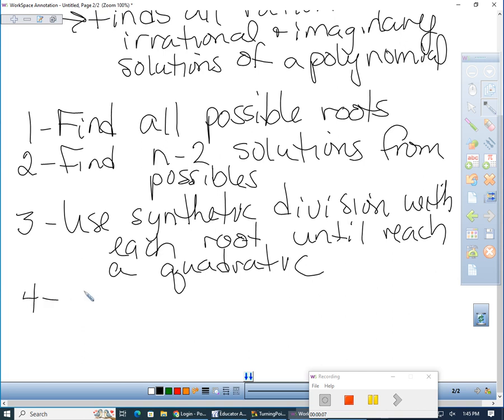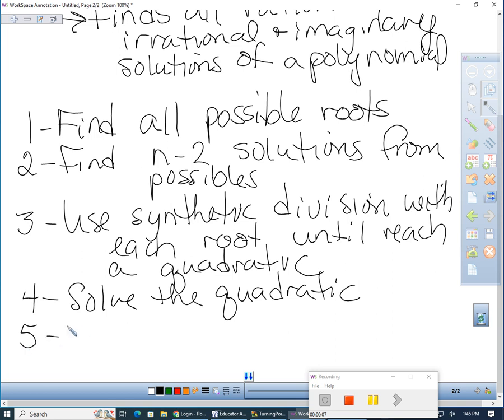Step 4, solve the quadratic. Step 5, list all roots.